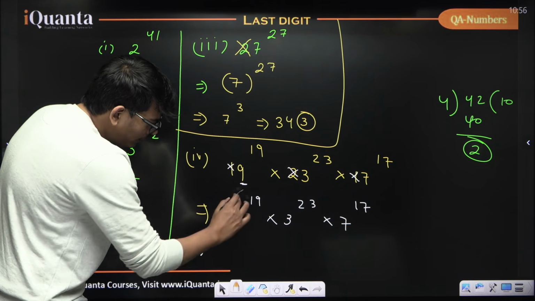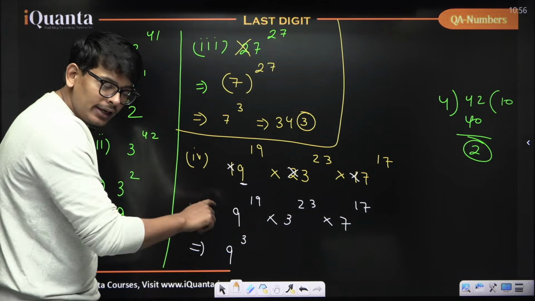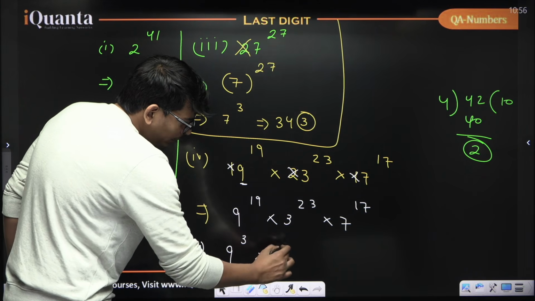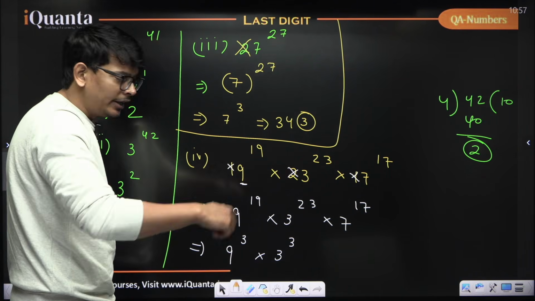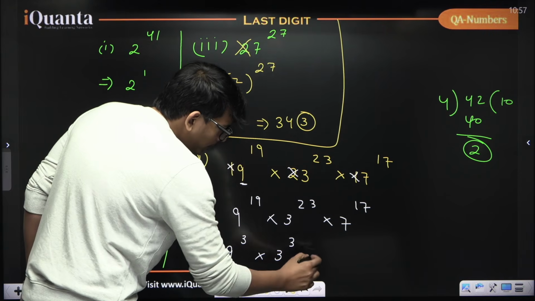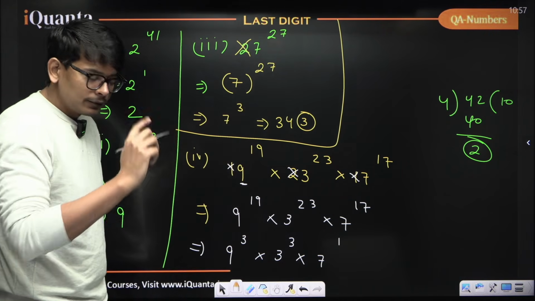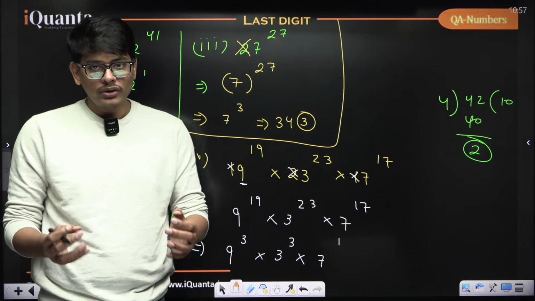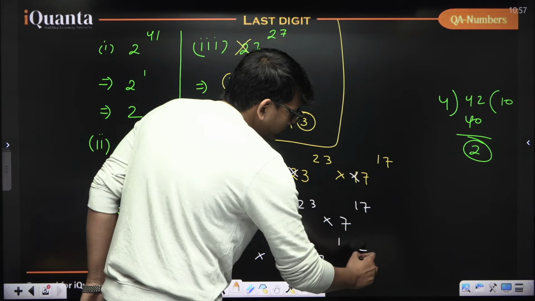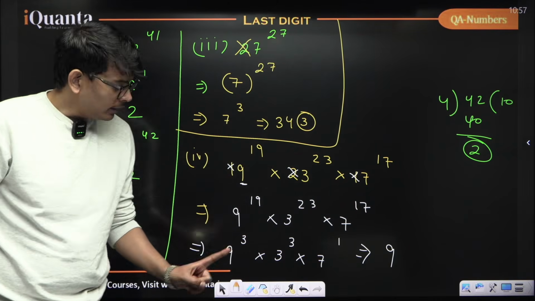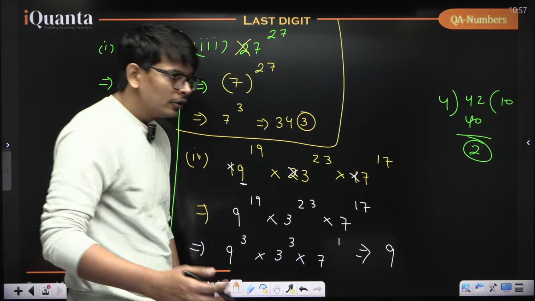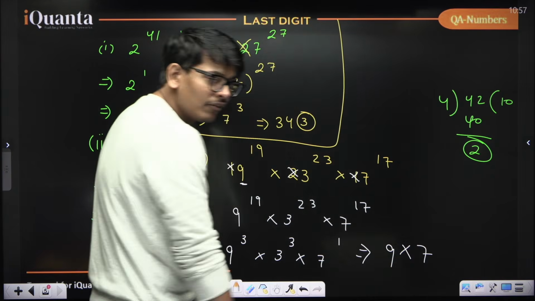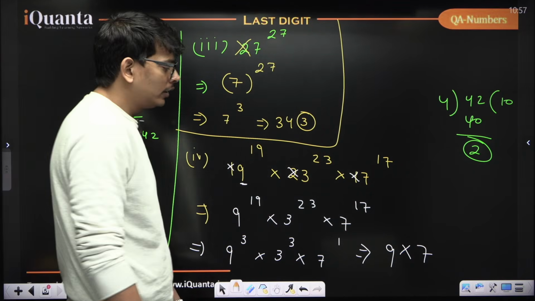Now, power is not a multiple of 4 because of 3. Power is not a multiple of 4 because of 3, because 3 is a remainder, 3 is extra. Power is not a multiple of 4 because of 1. 9 cube, everyone knows, 729. So, for 729 we will take unit digit 9. 3 cube is 27. Unit digit is 7. And 7 raised to the power 1 is 7.